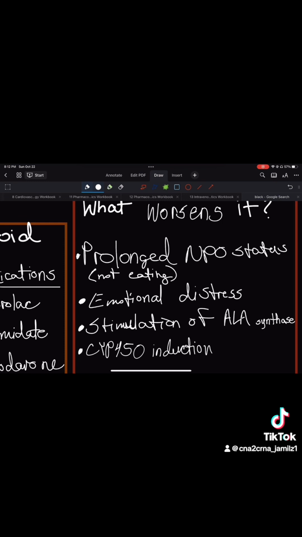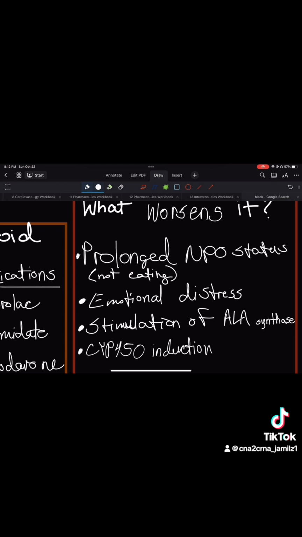Last but not least, you have CYP450 induction. CYP450s are enzymes that are located in the liver and other parts of the body. They are involved in metabolism, and when you induce them, that pretty much means you make them go into overdrive, make them work more than they usually work.